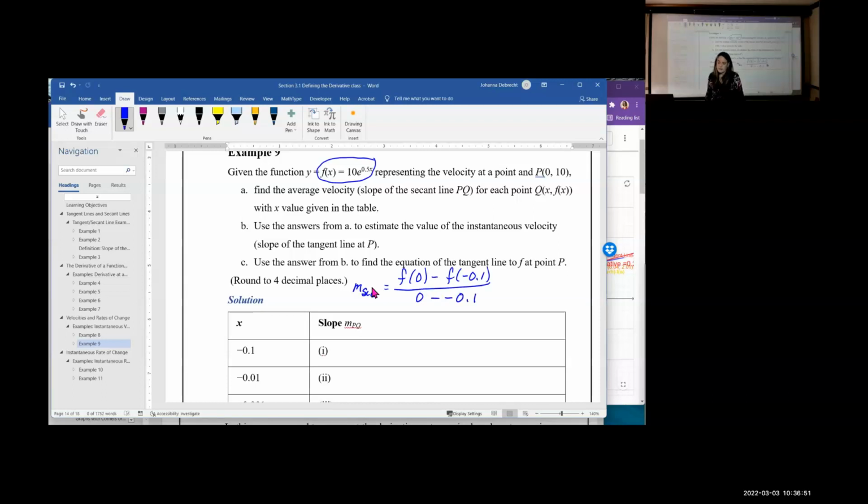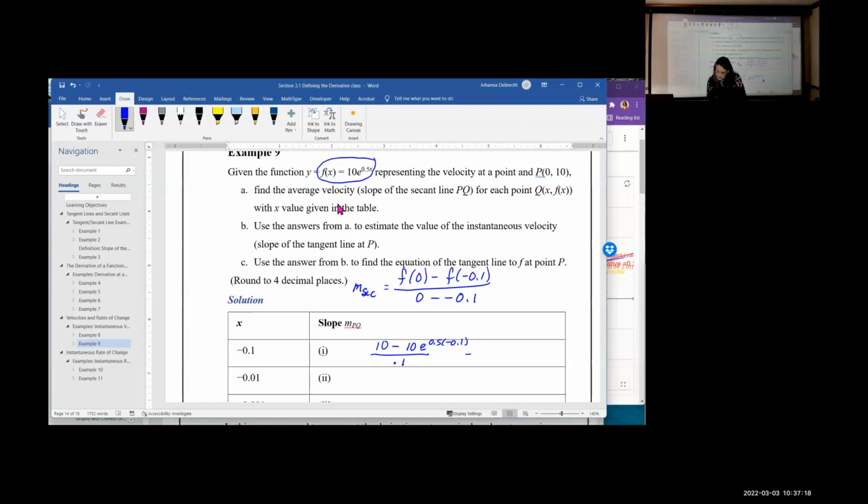All right. And so you would find the values for that. Now, f of 0 represents 10e to the 0.5 times 0, which is e to the 0, which is 1, which would give us 10. So this would give us a 10 minus 10e to the 0.5 times negative 0.1 divided by 0.1.